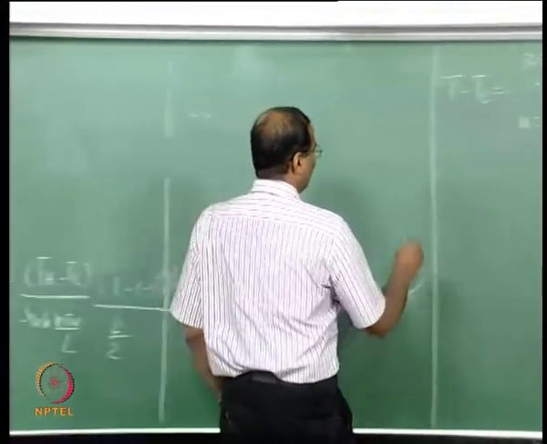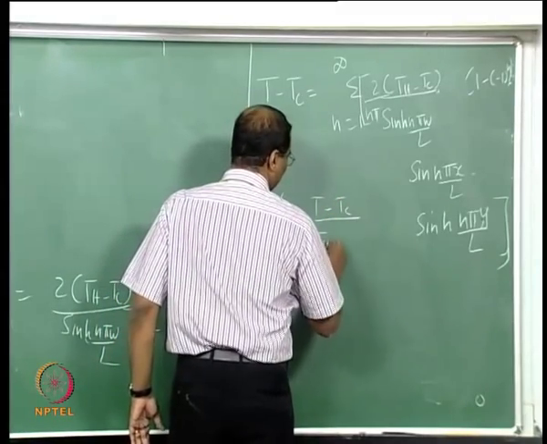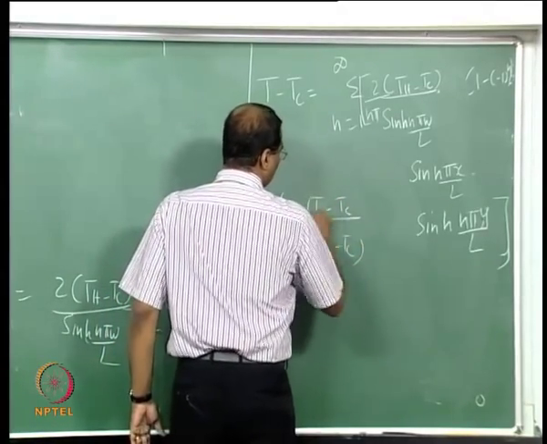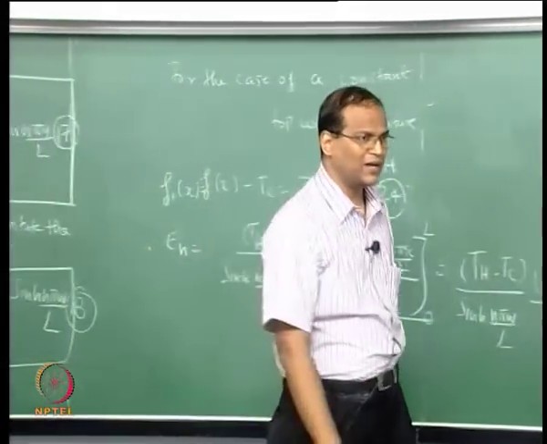Now let the dimensionless temperature be T minus Tc by Th minus Tc. So this dimensionless temperature phi varies between 0 and 1 in the problem, correct.